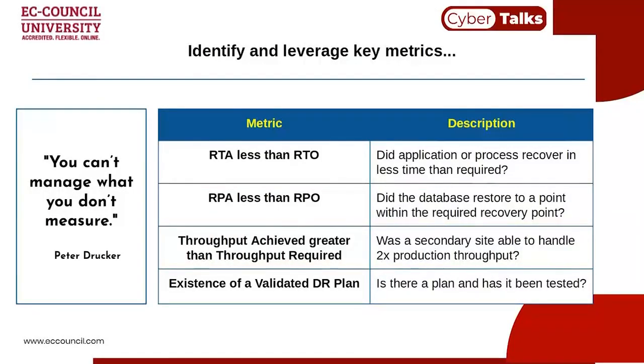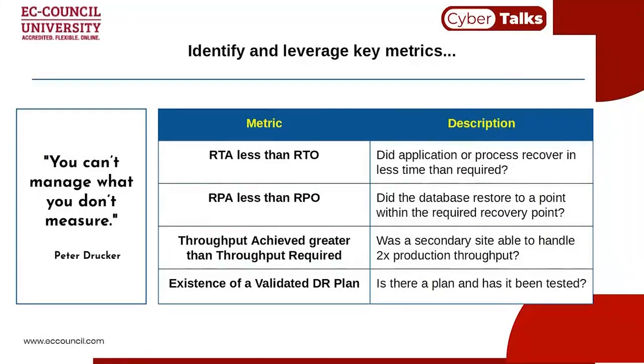We'll talk about testing in a minute. The other is, oops, you have an actual incident, and when that incident occurs, you capture the RTA and RPA from there to tell you what actually happened. These are two vital statistics. You need to know whether you can meet your RTO and your RPO, because if you can't, then you're actually putting your company at risk.